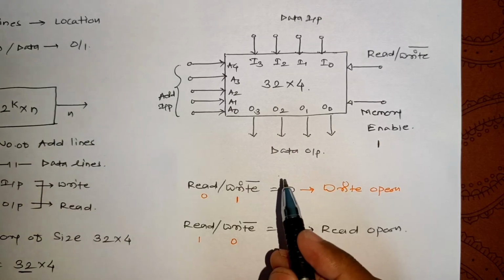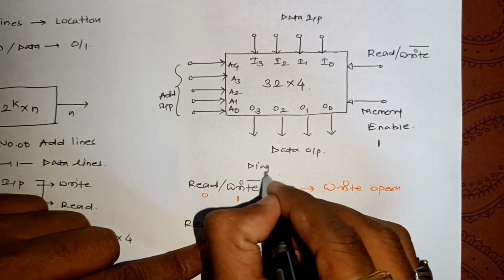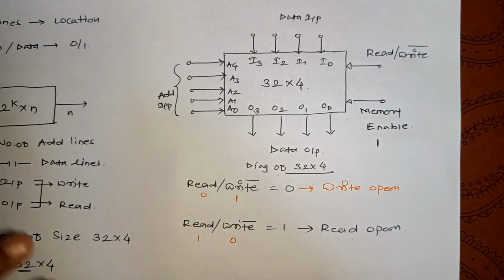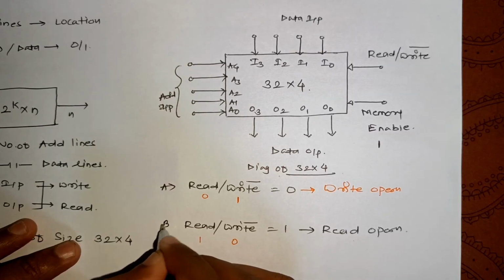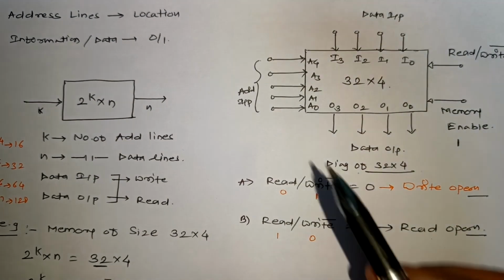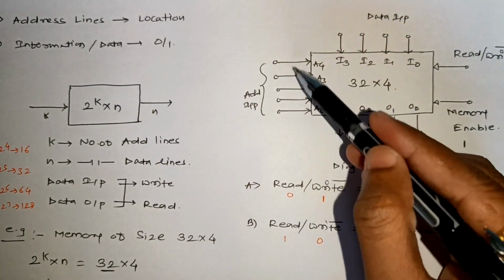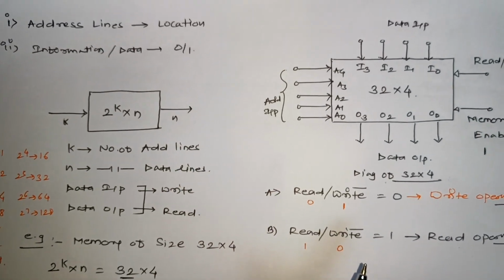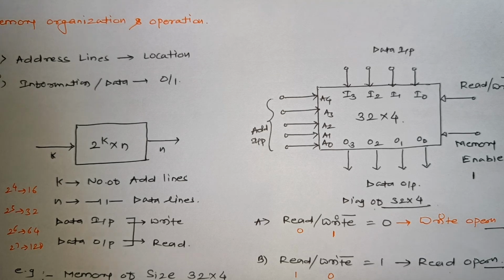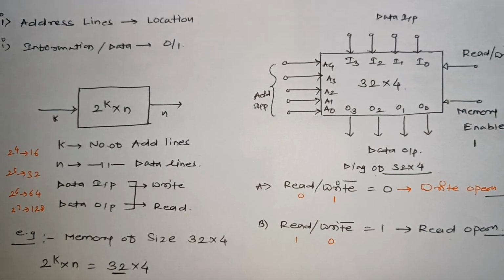So this will be our diagram of 32 by 4 memory size, where we are performing two operations, one is write and one is read operation. और ये वाला जो है वो एड्रेस इनपुट है जहाँ से हम लोकेशंस डिसाइड कर सकते हैं. So we are having 5 address lines. So this will be the simple concept of how memories are organized and how the operations are performed. Thank you.